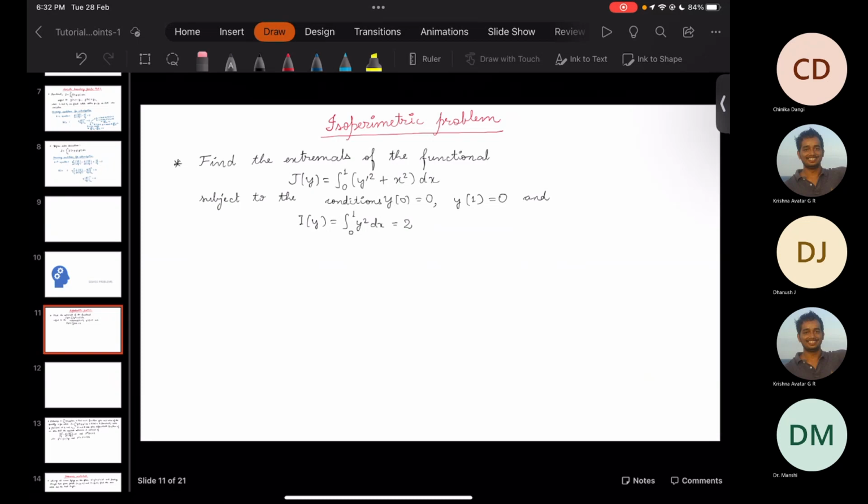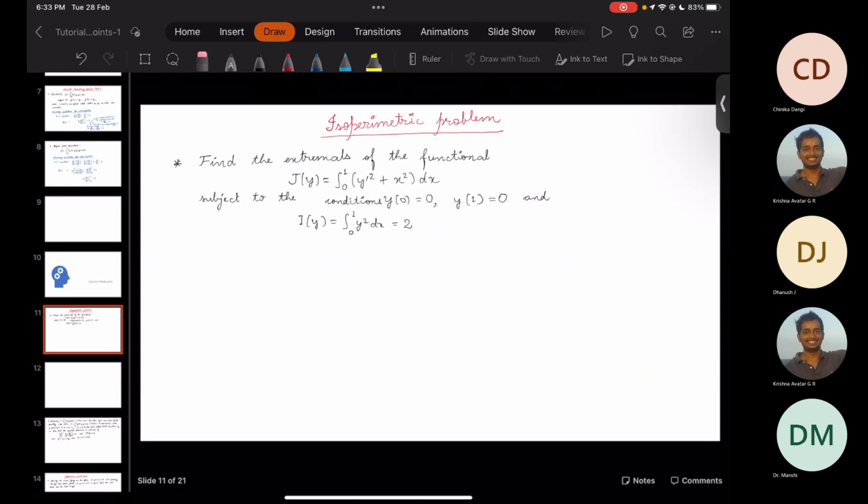So here the question says: find the extremals of the functional J of y equal to the integral from 0 to 1 of y prime squared plus x squared dx, subject to the conditions y at 0 is equal to 0 and y at 1 is equal to 0, and the isoperimetric constraint, which is the integral of y squared from 0 to 1 is equal to 2.